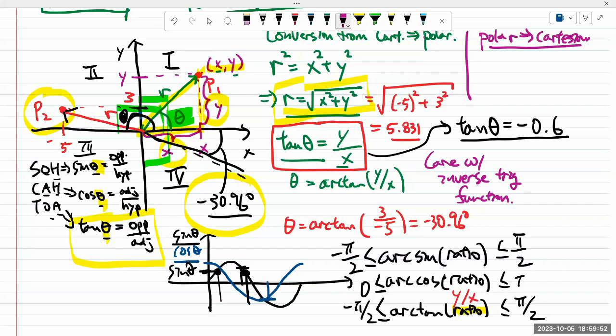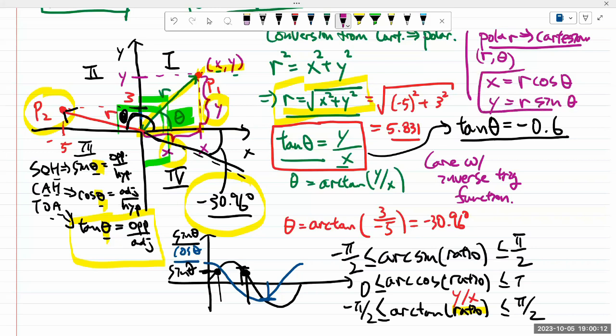So with the polar, the assumption is you've been given r and theta. You know the magnitude and the angle. Then the x component should be r cosine theta, and the y component should be r sine theta.